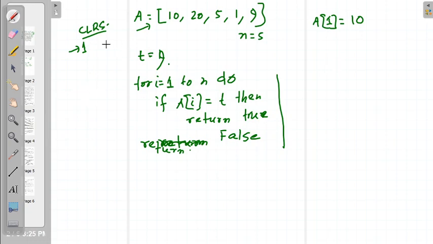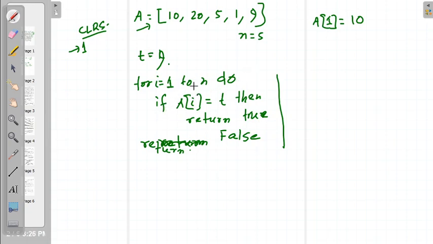Here I am assuming that the array index is starting from 1, but that's a good question. Every doubt we should clear. Some doubts I may solve immediately, others I have to come back to later, but most of the doubts I think I can clear in the class itself.